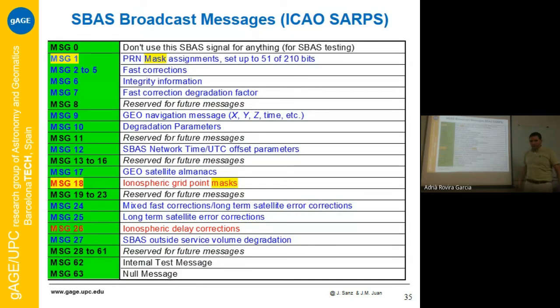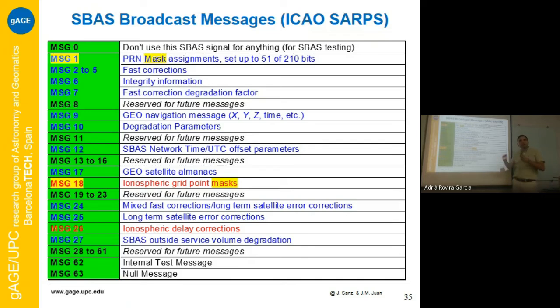Just to give you a taste, we can see the different messages, and this is organized and well described in this document. So, for example, if we are receiving message 18, this is about the ionospheric grid point mask.